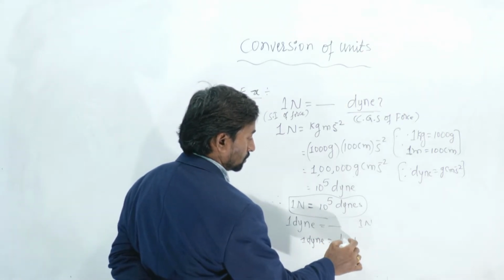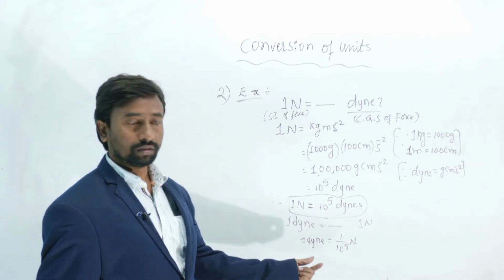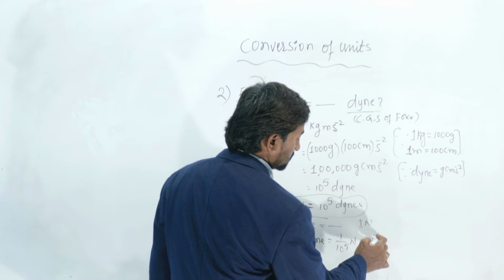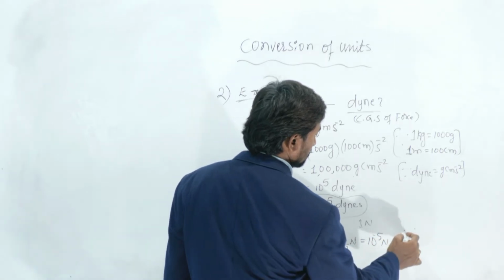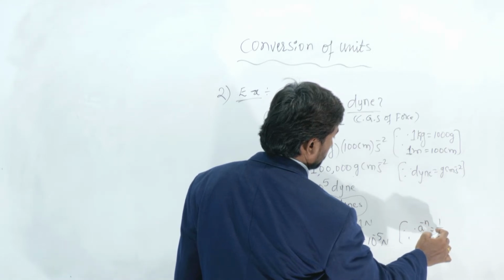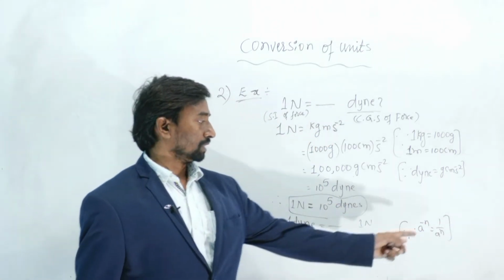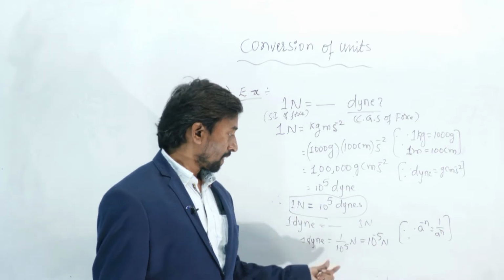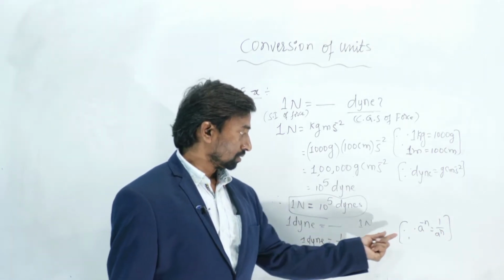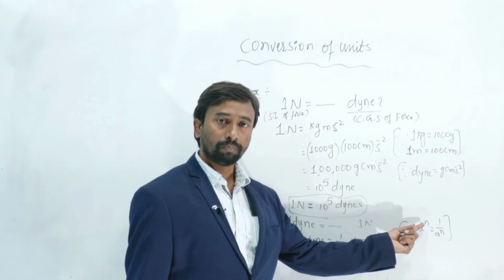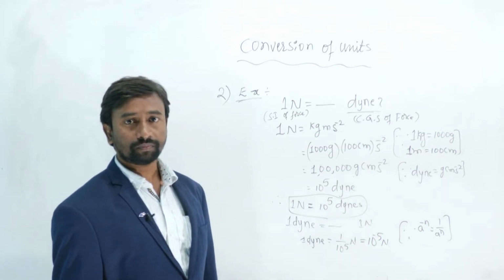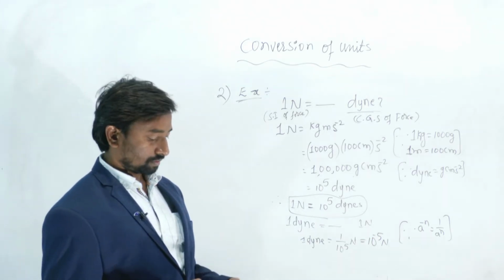If we want to write it in the numerator, it is 10 to the power of minus 5 Newton, since a to the power of minus n is nothing but 1 by a to the power of n. Like that we can convert.